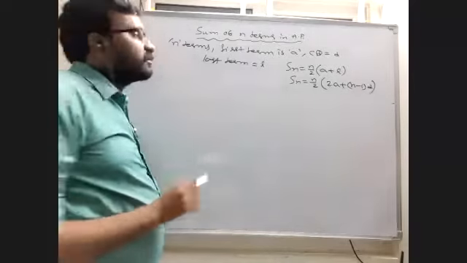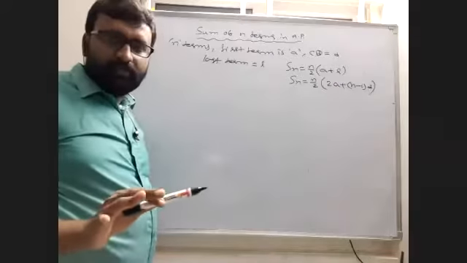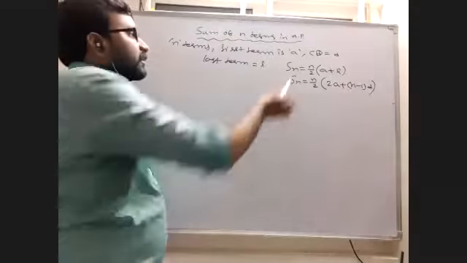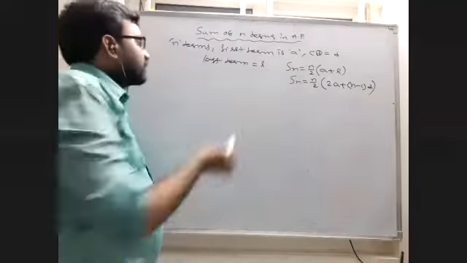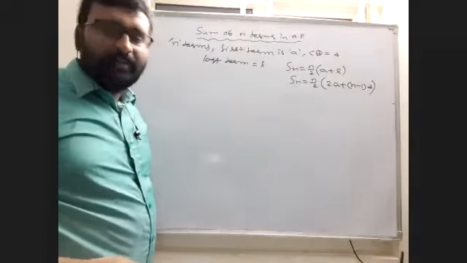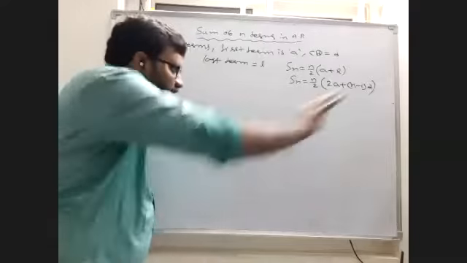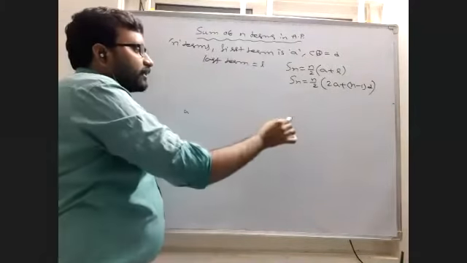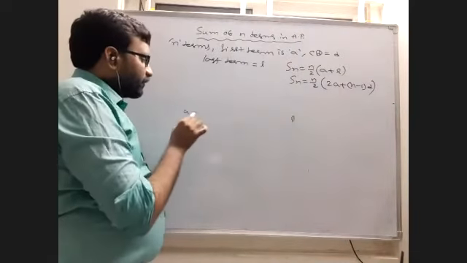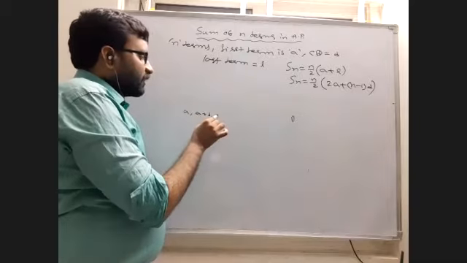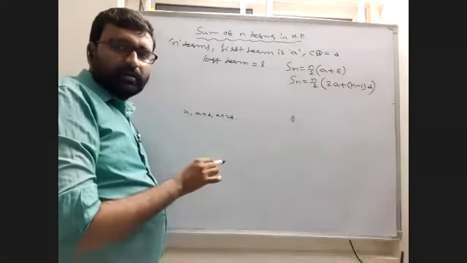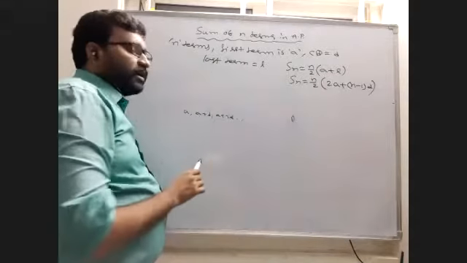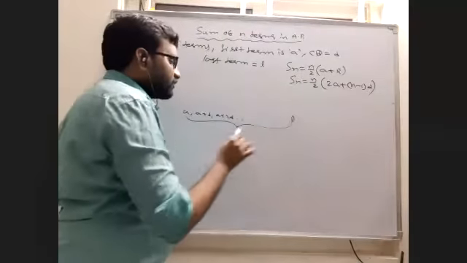In that progression we have n terms, the first term is A, the common difference is D, and the last term is L. The starting term is A and the ending term is L, and every number differs by the common difference: A plus D, A plus 2D, like this.